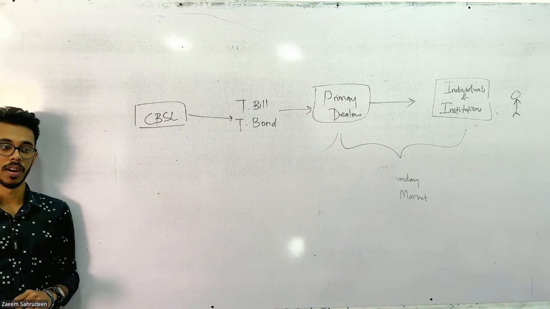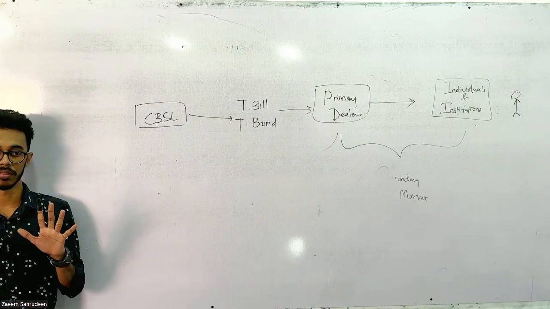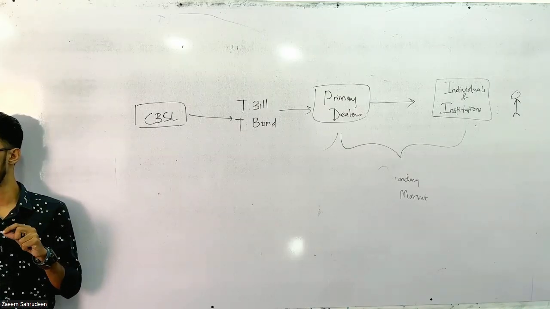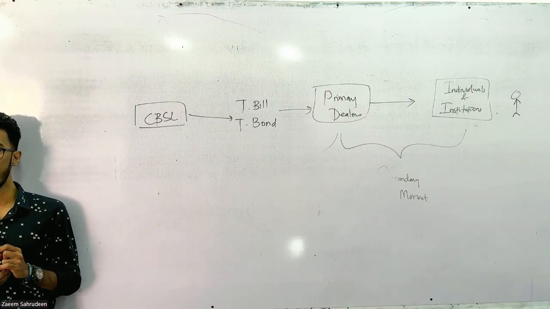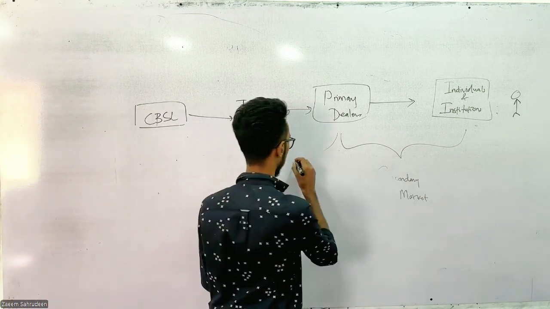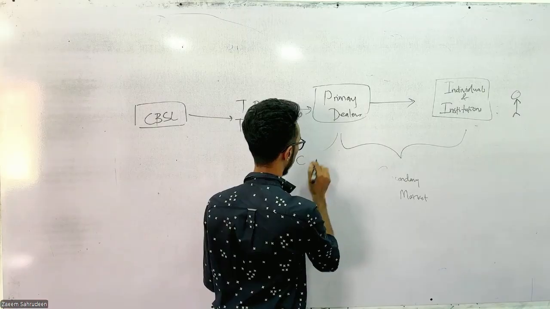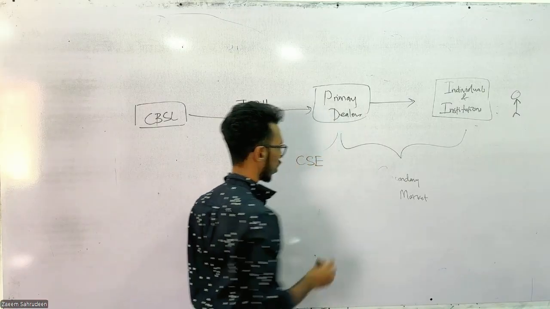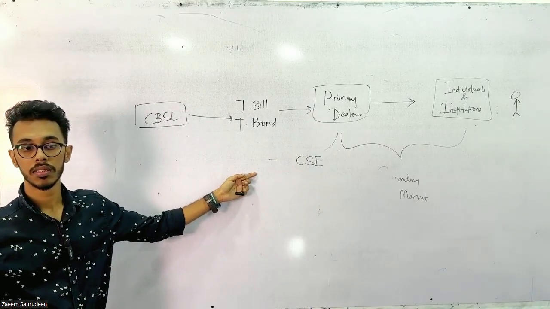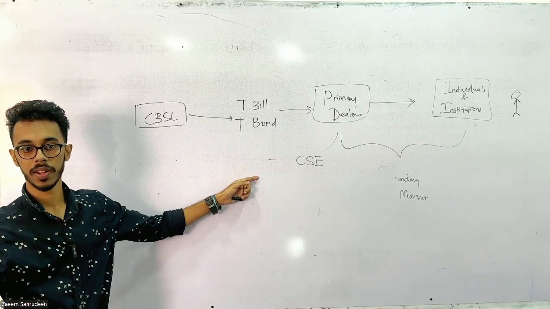Tell me five places where you can invest money to earn an income. You can invest in the stock exchange, right? Let's call it CSE. The stock exchange. Then, give me an example where you can invest your money.